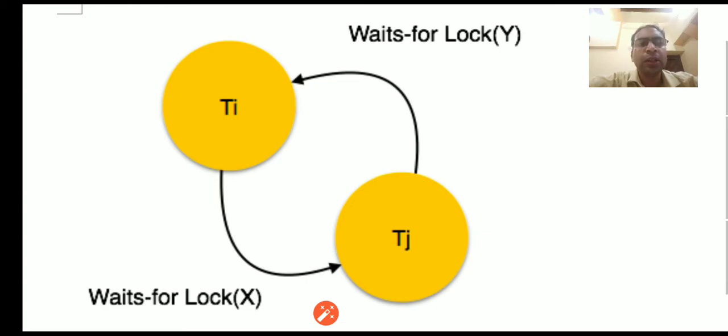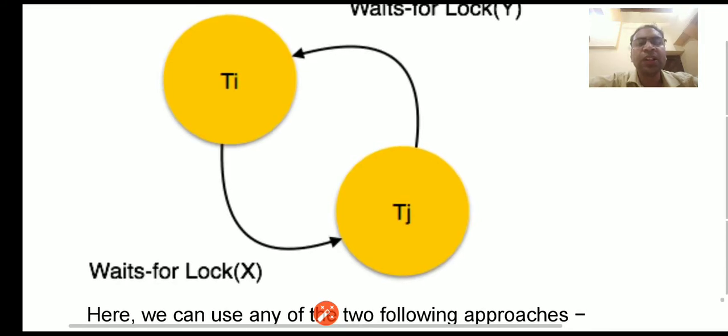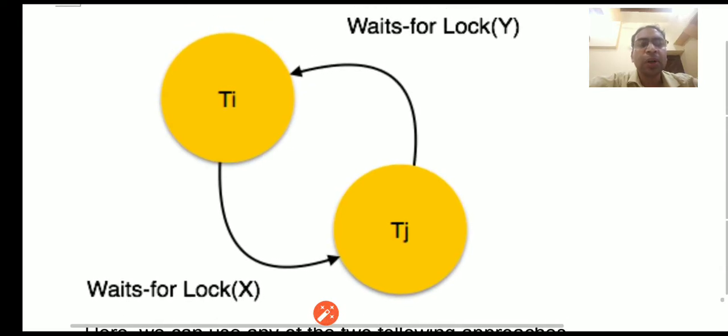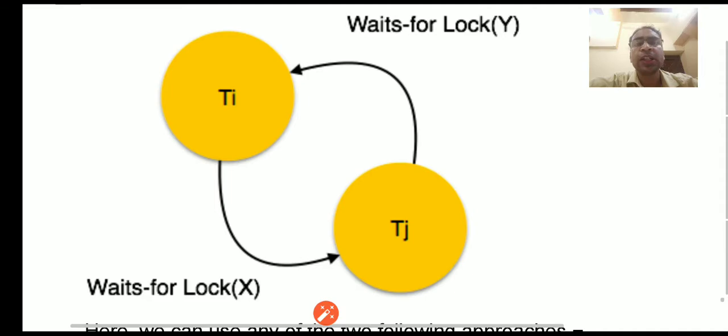On the other hand, ti is waiting to acquire a lock on data item x, where tj is already holding a lock on x. So tj has a lock on x, and it wants y, and it will not release x until it gets y. Similarly, ti is holding y and wants a lock on x. So it will not release y until it gets a lock on x to complete its execution.